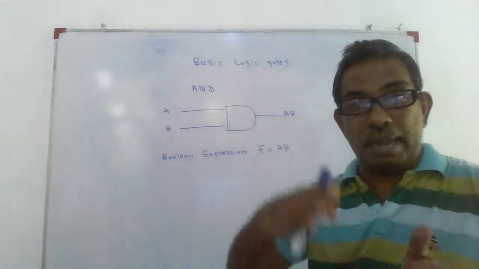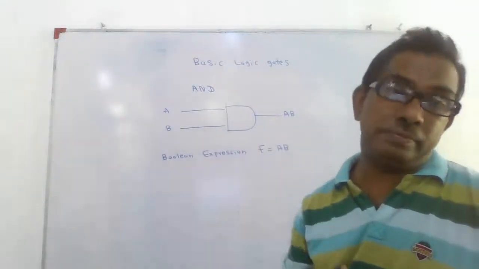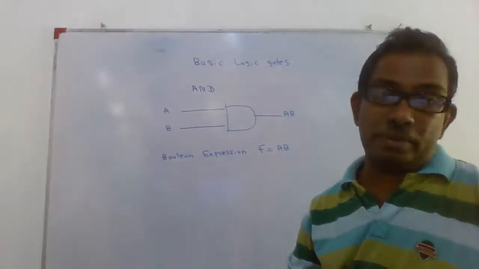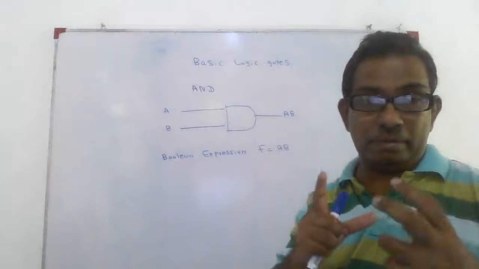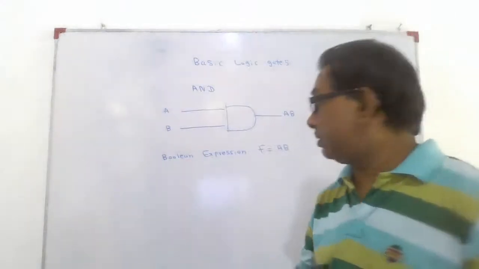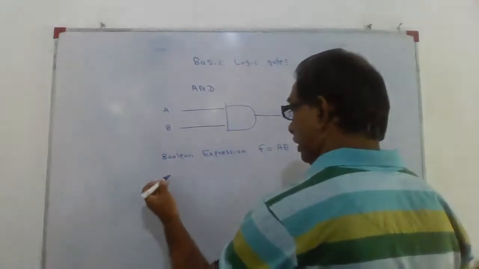It can be A and B and C, A and B and C and D. Values can be entered with the variable here. So I would like to show you how to get the truth table.